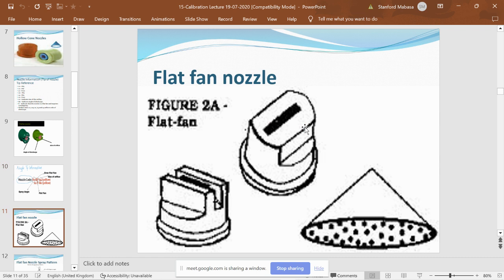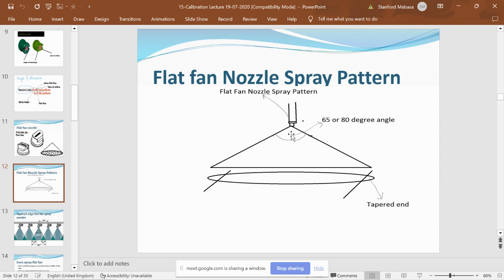Flat fan nozzle, this is how it looks. This is the spray pattern coming out of this flat fan nozzle. You've got your flat fan nozzle here, and when you spray, you have this angle, which can be 65 or 80 degrees.